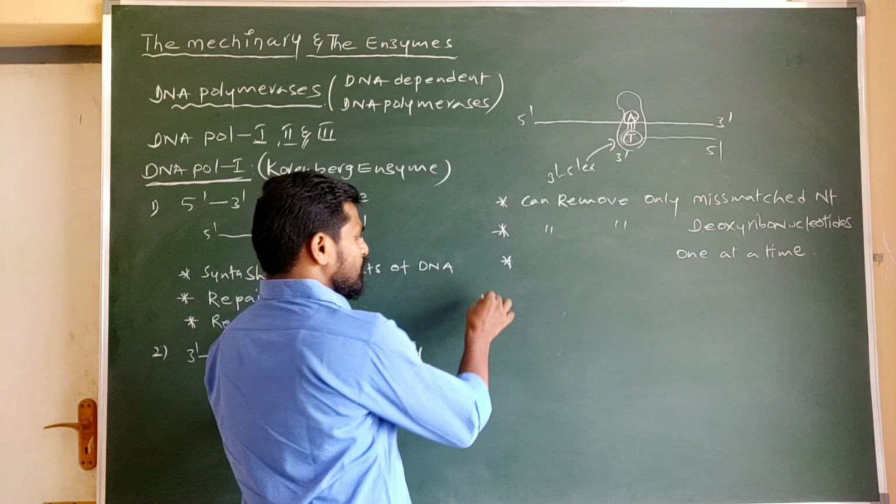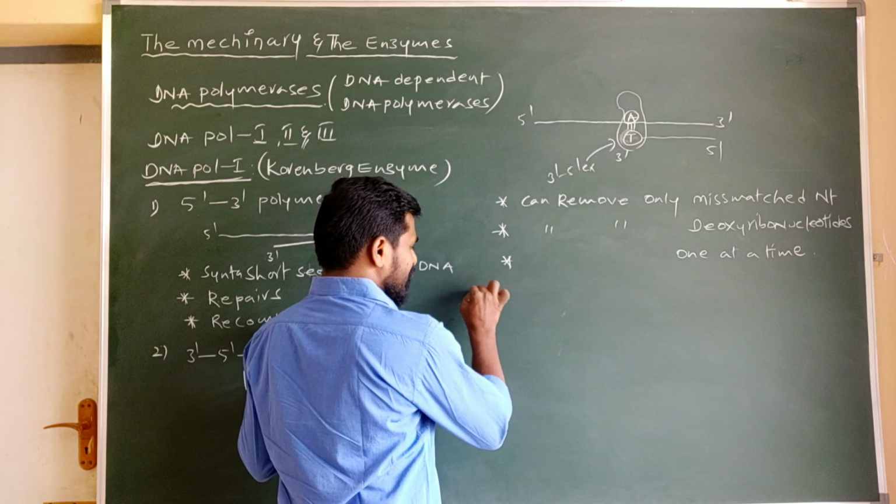The third and important activity of DNA pol 1 is 5' to 3' exonuclease activity. This activity is unique to DNA pol 1. We can find this type of activity only in DNA pol 1, not in other DNA polymerases.